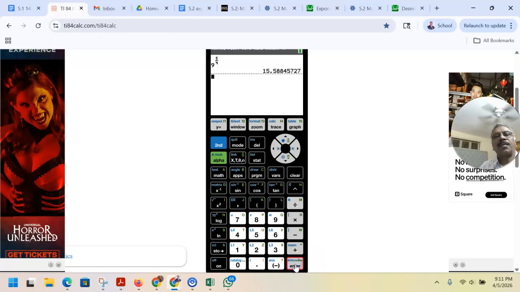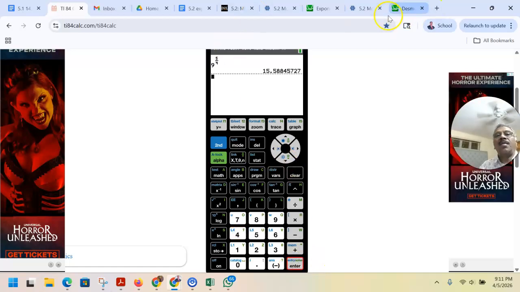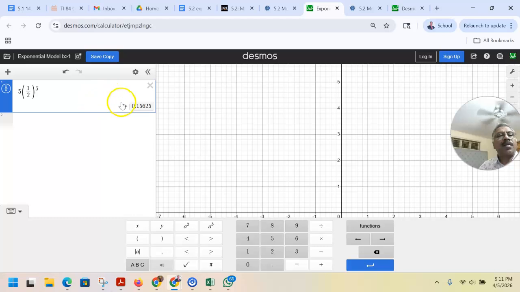You get the answer. See? On this calculator you could also put 9 times, open a parenthesis, which is better. Oh, 9 raised to, go backspace. So I'll delete this.